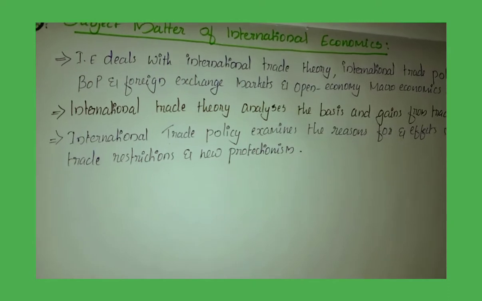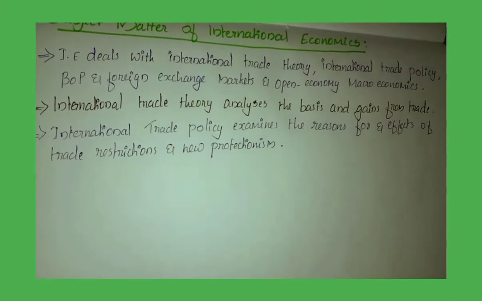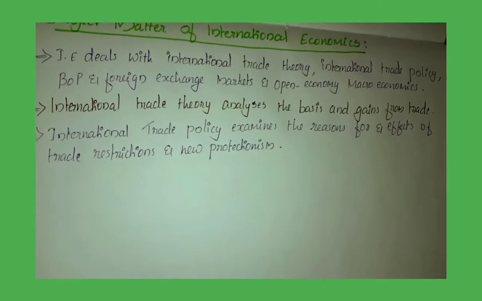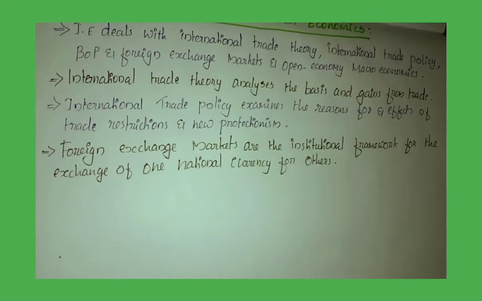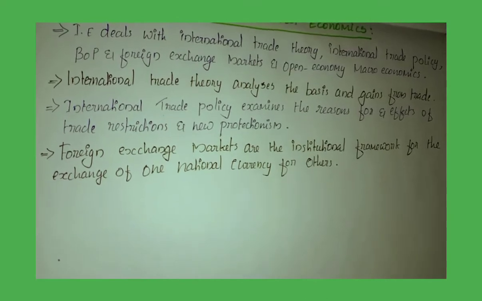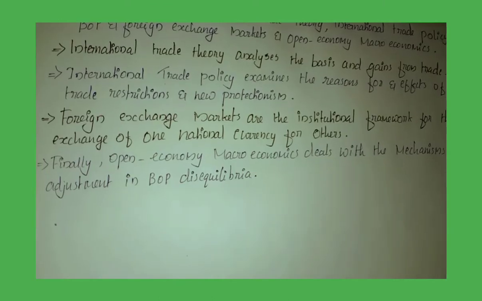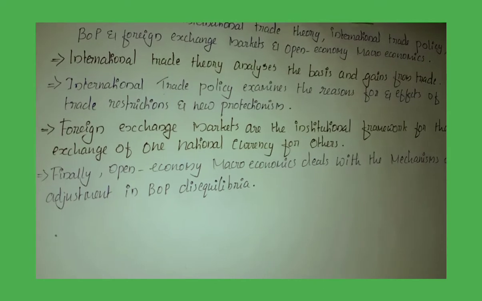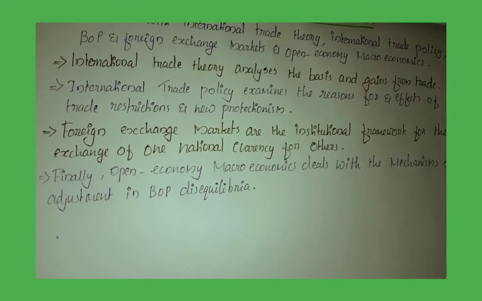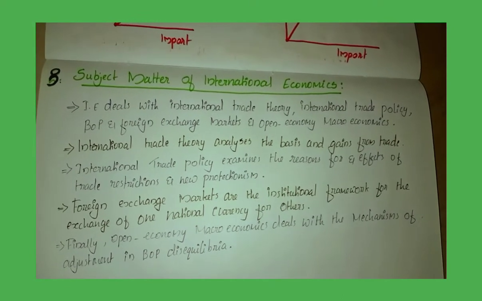International trade policy examines the reasons for and effects of trade restrictions and new protectionism. Foreign exchange markets are the institutional framework for the exchange of one national currency for others. Finally, open economy macroeconomics deals with the mechanisms of adjustment in balance of payments disequilibria. This is about the subject matter of international economics.